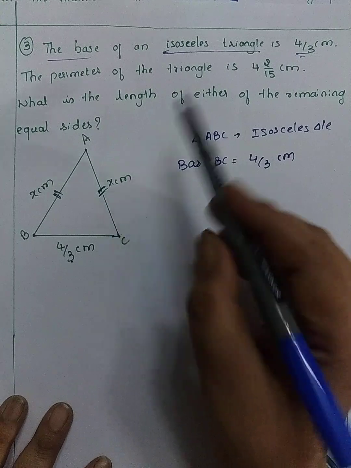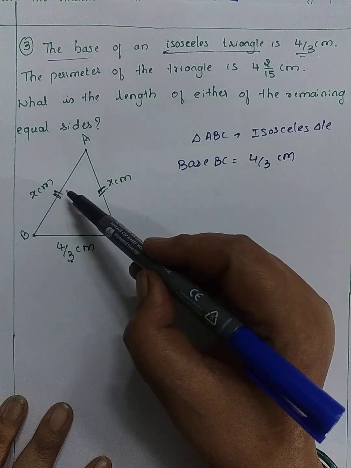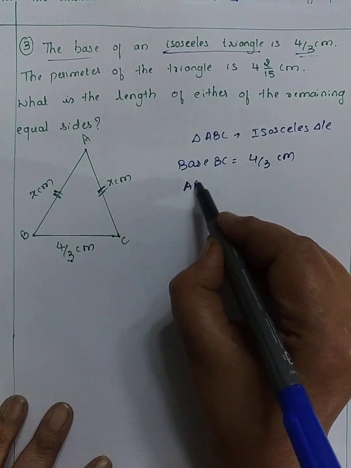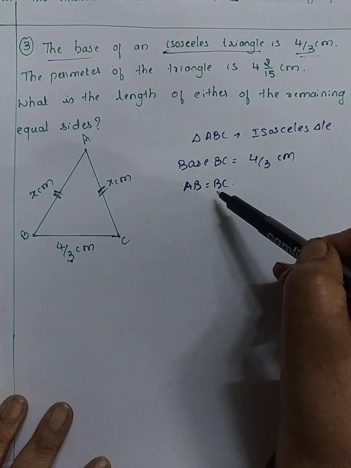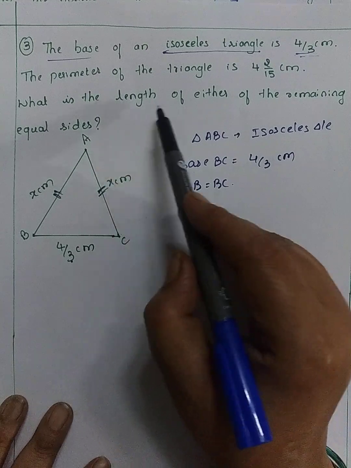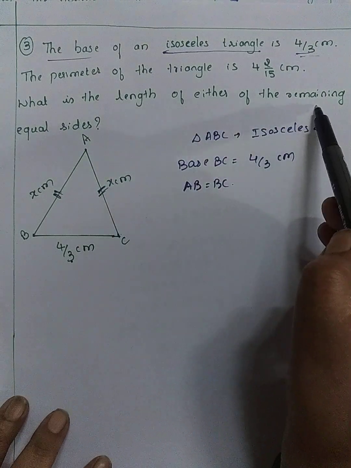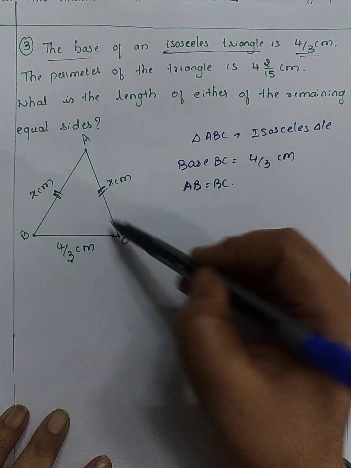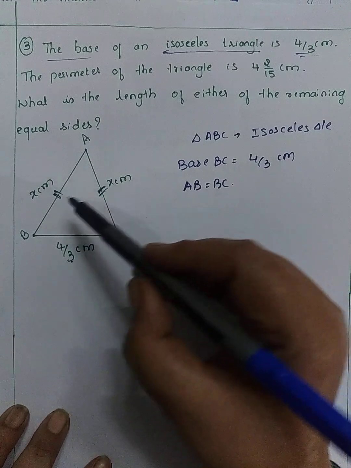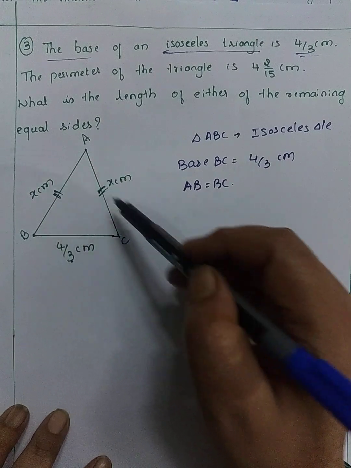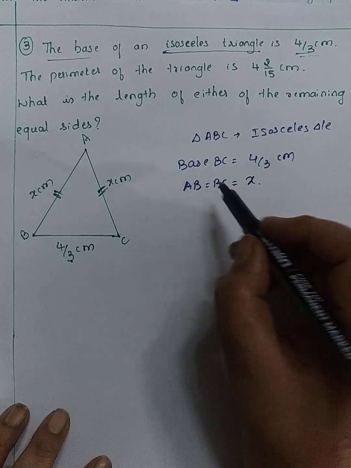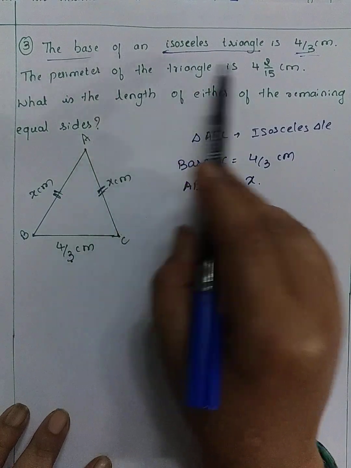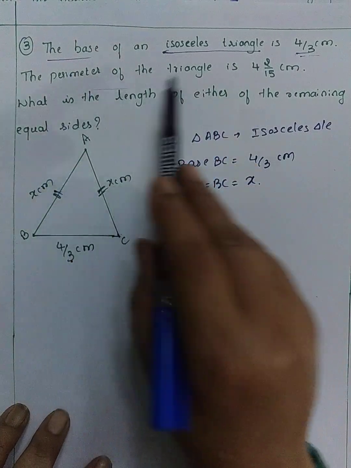Then the equal sides. In the isosceles triangle, two sides are equal, that is AB equal to AC. What is the length of either of the remaining sides? You have to find AB equal to AC. You don't know this, so you take AB and AC as x equal to x. Next is the base, and again what is given is the perimeter.